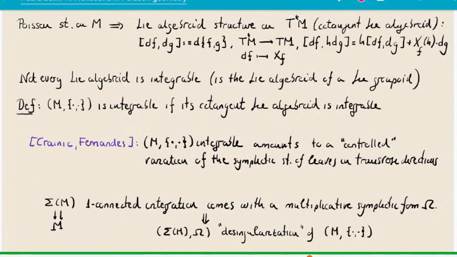And one can do that, and the way to proceed is basically to use a viewpoint on Poisson structures which has been widely used in the last 20 years. That means regarding a Poisson structure as a Lie algebroid structure on the cotangent bundle of the manifold. It's not very important to spell out the definition of a Lie algebroid; maybe just the philosophy behind the idea.